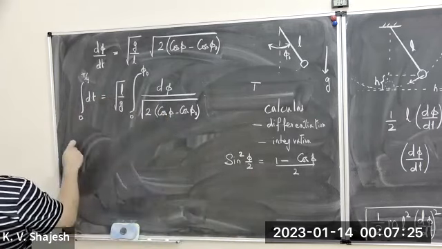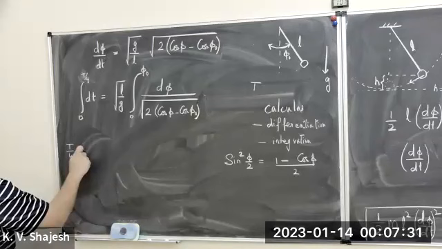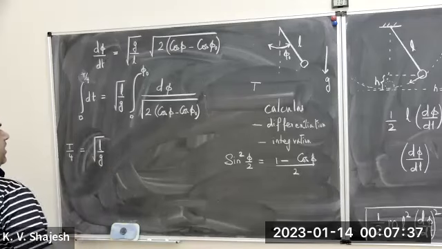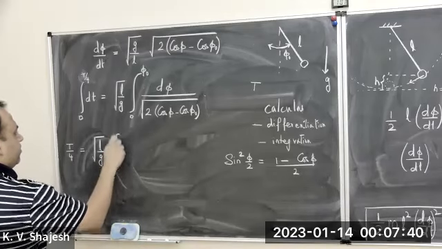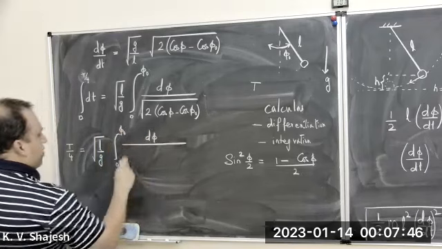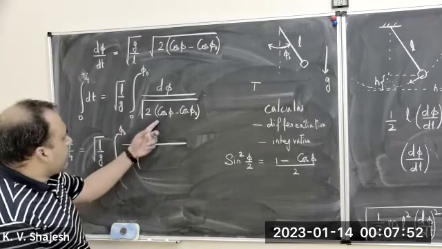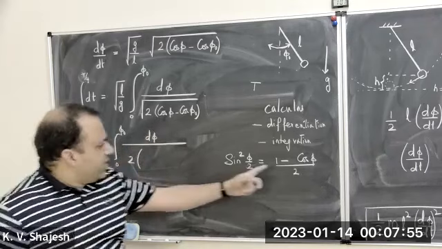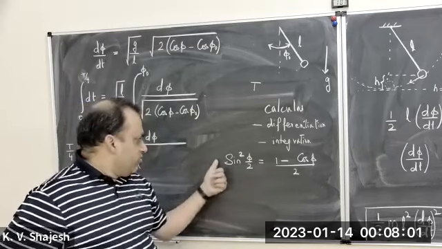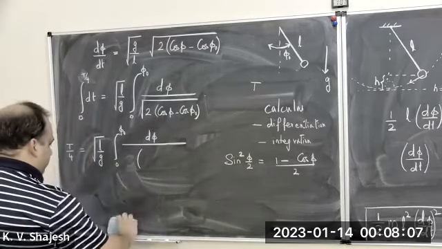So what this turns out to be is T by 4, on the left side, simply 1/4 of the time period, equal to root of L over G times the integral from 0 to phi naught of d phi, and in the denominator this is 2 times the square root of cosine phi minus cosine phi naught. Notice there is a factor of 2 that comes out, or I put this 2 in there. That will go in here. There is already a 2 there, so that becomes 4.